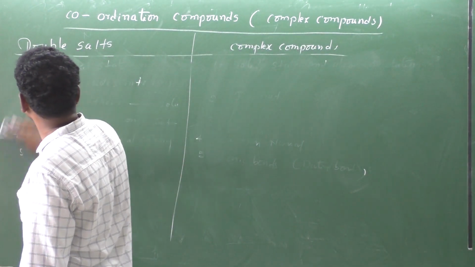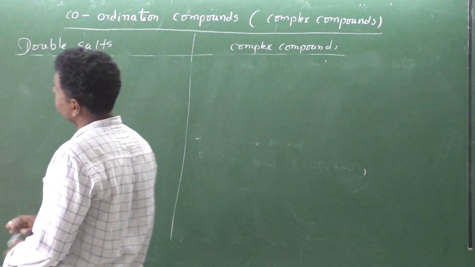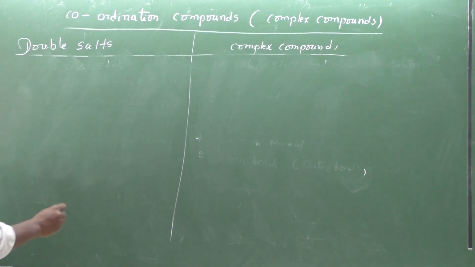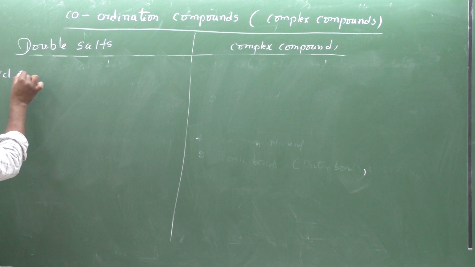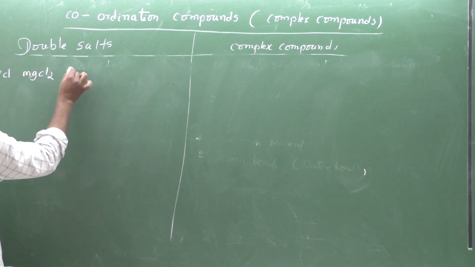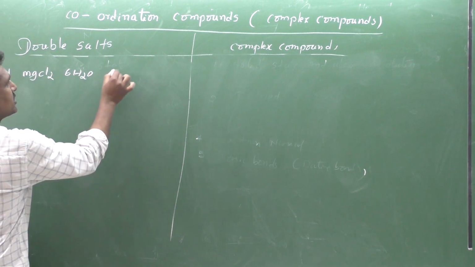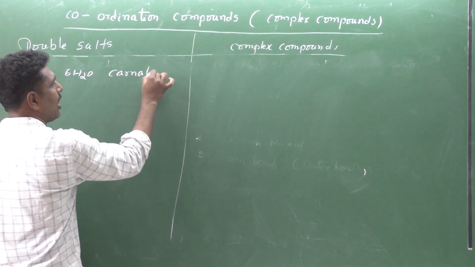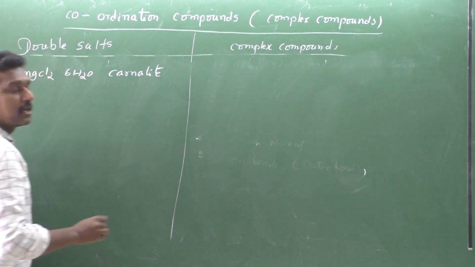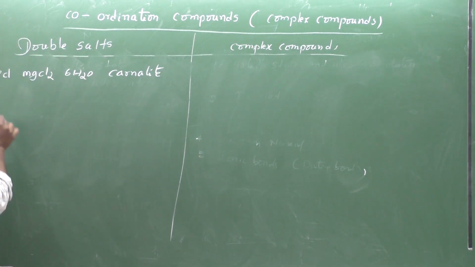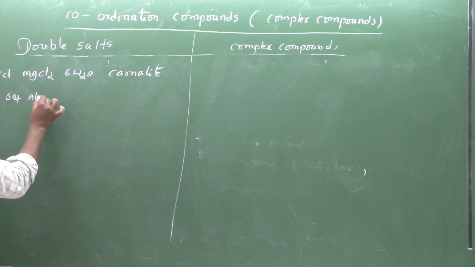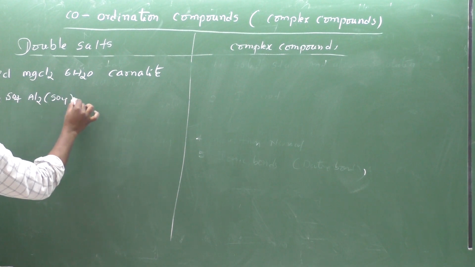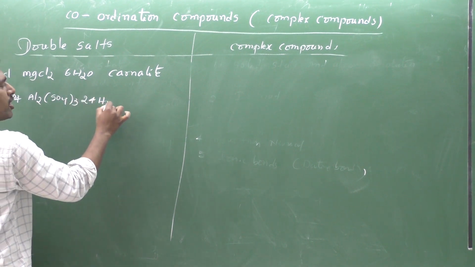I will give examples for double salts. KCl.MgCl2.6H2O, this name is carnallite. Next one, potassium alum, K2SO4.Al2(SO4)3.24H2O.